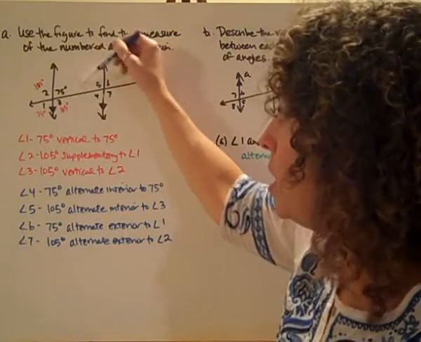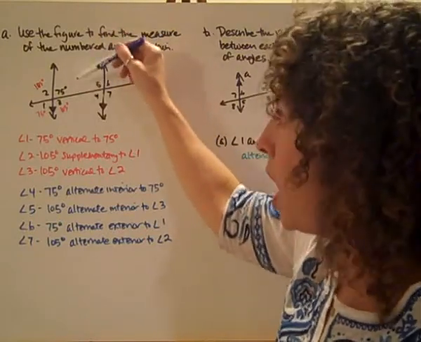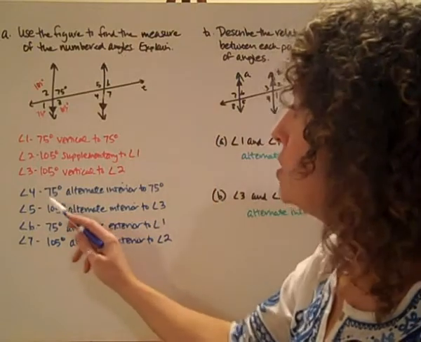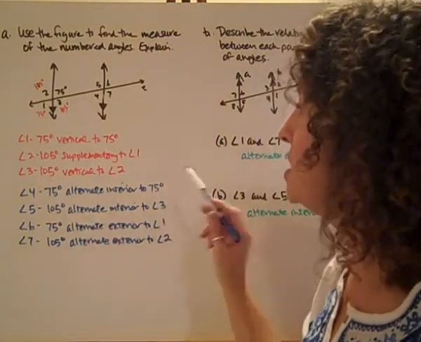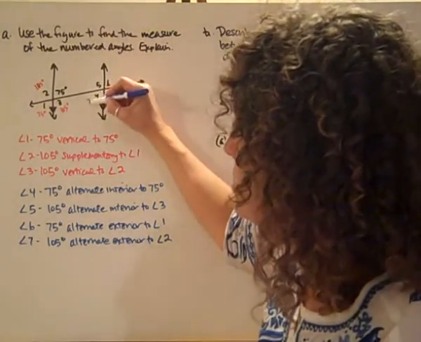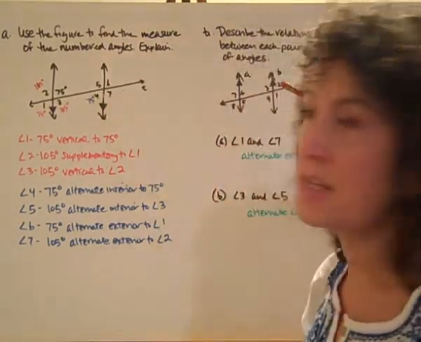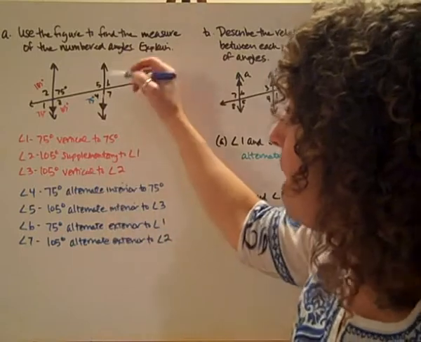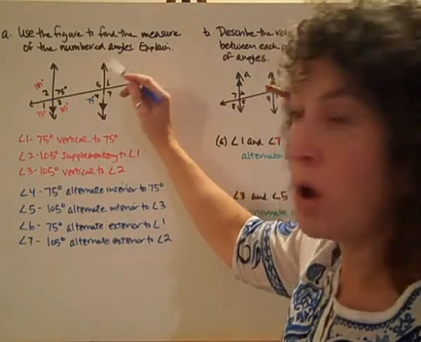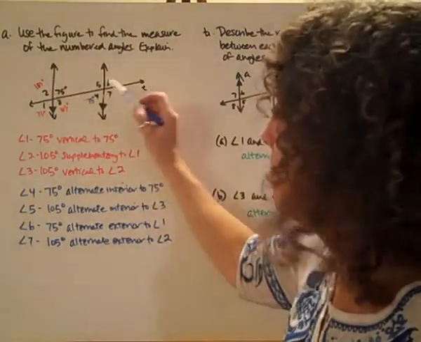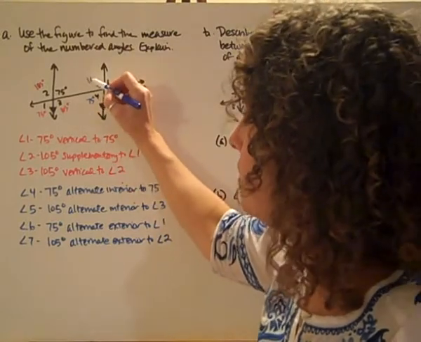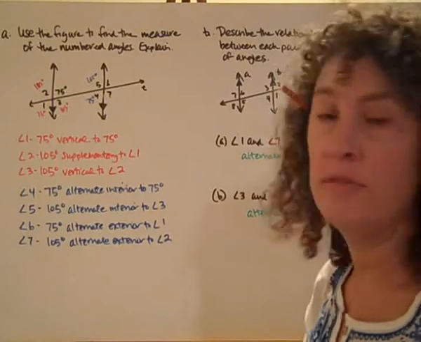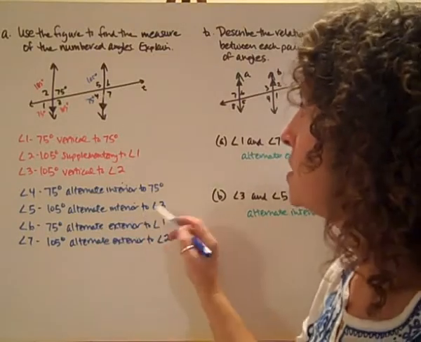They're both inside the parallel lines, but they're on opposite sides of that transversal. So angle 4 is 75 degrees because it's alternate interior to the 75-degree angle which they gave to us. Angle 5 is also an interior angle, but it's alternate interior to angle 3, which is 105. So angle 5 is 105.